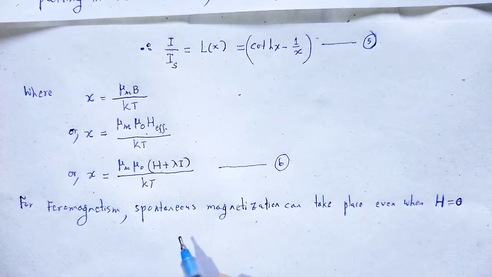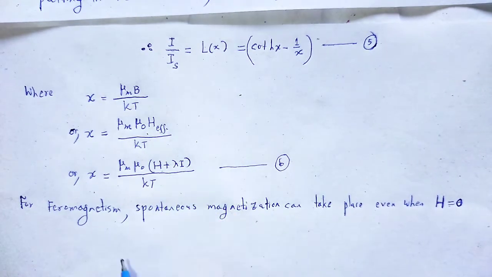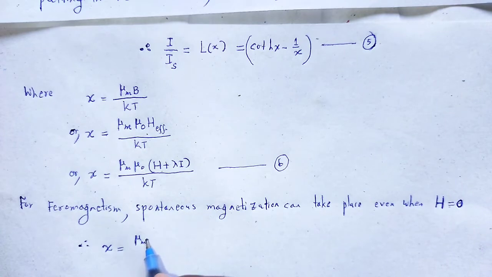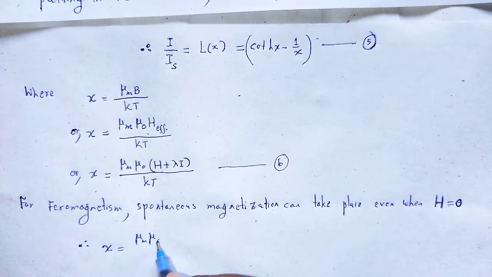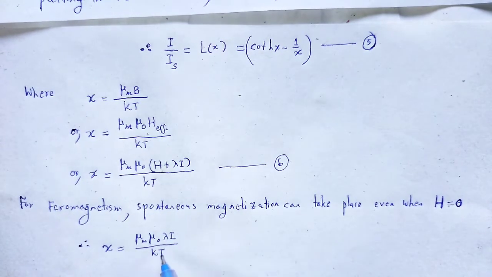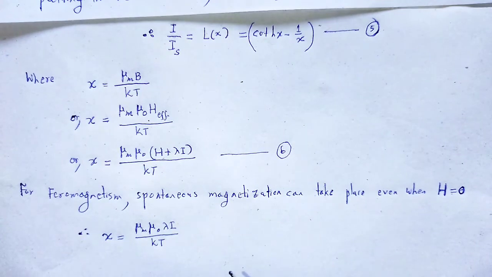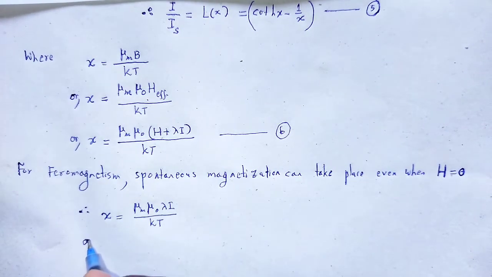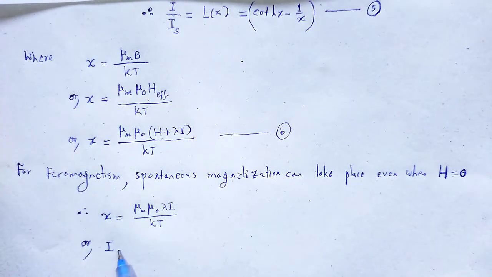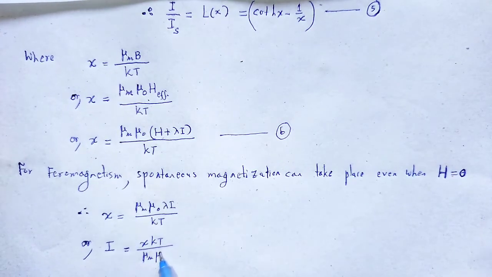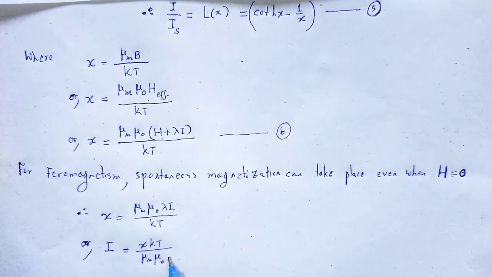Therefore, H put as 0, x is equal to mu m mu naught lambda I divided by kT. From this value of I, we can obtain I as x kT divided by mu m mu naught lambda.